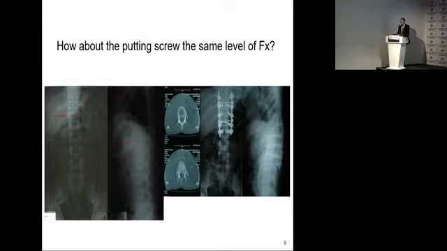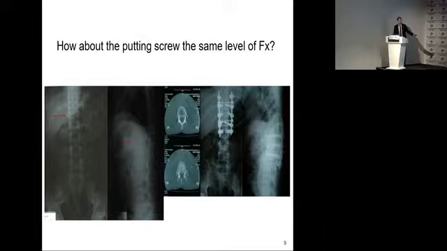We started with shorter screws, very short, because we were afraid of putting the screw in the anterior part. But then we realized that this is not the case. This is the Argenson technique, defined by this French surgeon for short segment fixation.